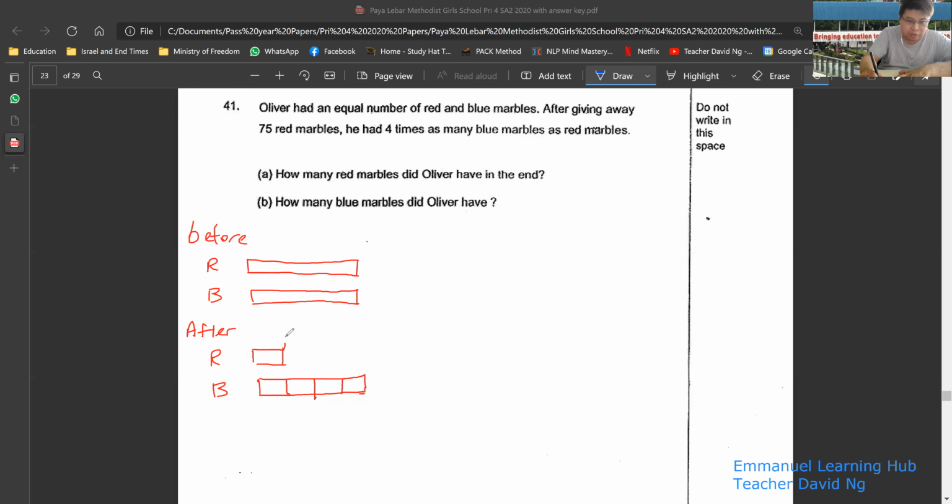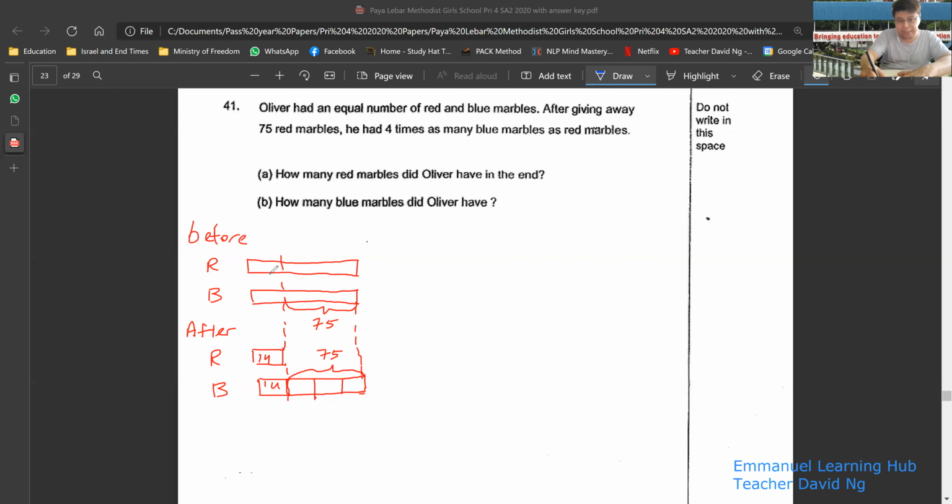Then here he gives away 75, right? Are you able to see that 75 from the model? Are you able to see that 75 is 3 parts? From the model, if you draw properly, you can see that 3 units is 75, right?